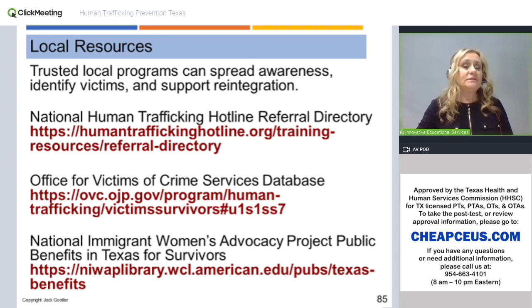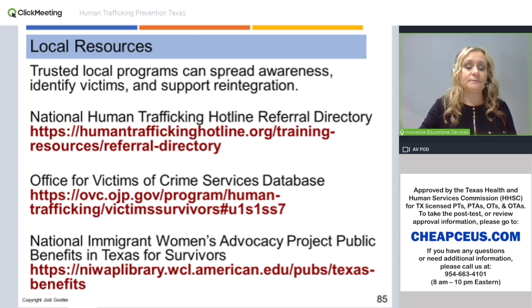There are several different databases that are available through the National Human Trafficking Hotline, as well as the Office for Victims of Crime, to search for local services in your area that you can have available to provide victims.